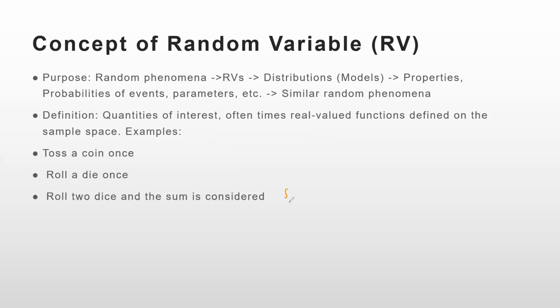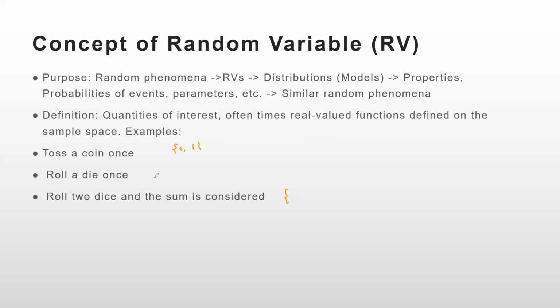So in this case, we equate the sample space of the random experiment and the sample space of the random variable. The sample space of a random variable is the set of all possible values the random variable can take. So if we toss a coin, you define 1 if heads show up, and 0 otherwise, then we have a sample space of the random variable 0, 1.